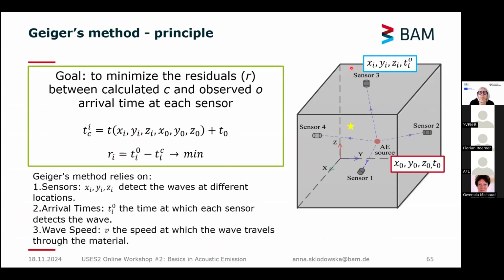We need at least 4 sensors to localize an event in 3D, because we have 4 unknowns: the X, Y, and Z coordinates of the source, and also the event time, so when the actual source happened. For the inputs, we have the sensor locations, the arrival times at each sensor, and also the wave speed. This is usually the P wave velocity at which the wave travels through the material.